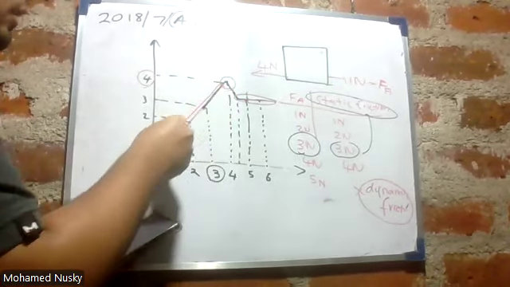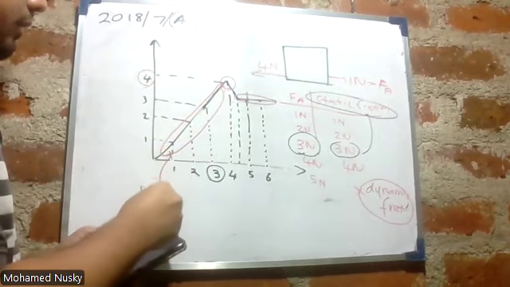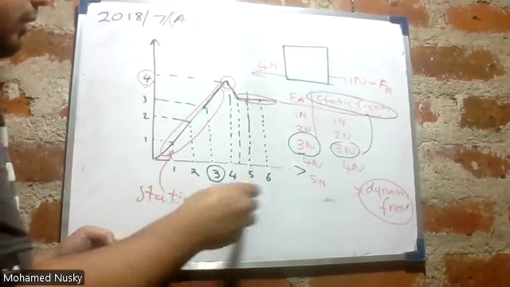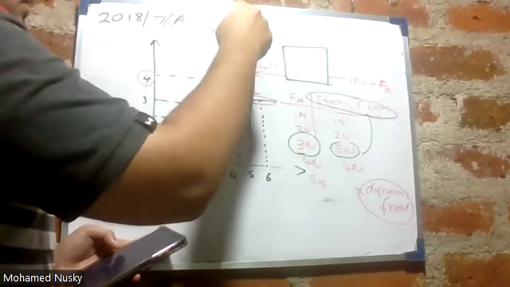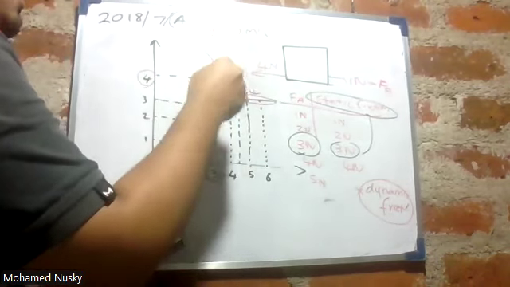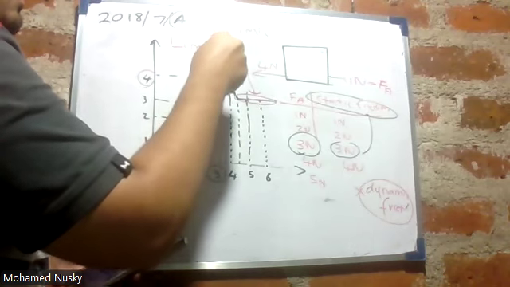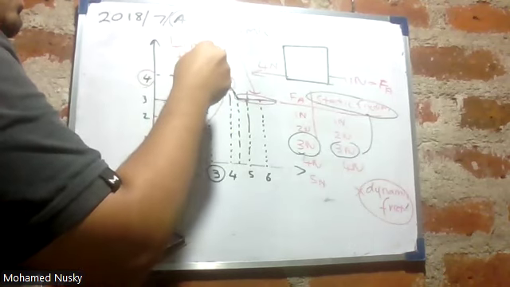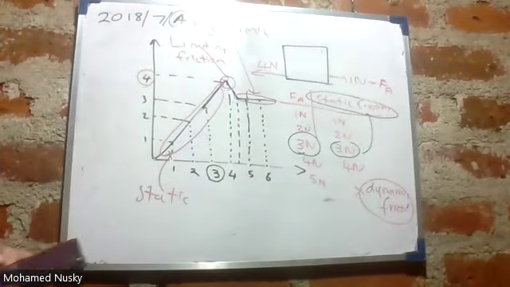This part of the graph is static friction. This part of the graph is dynamic friction. That is limiting friction.